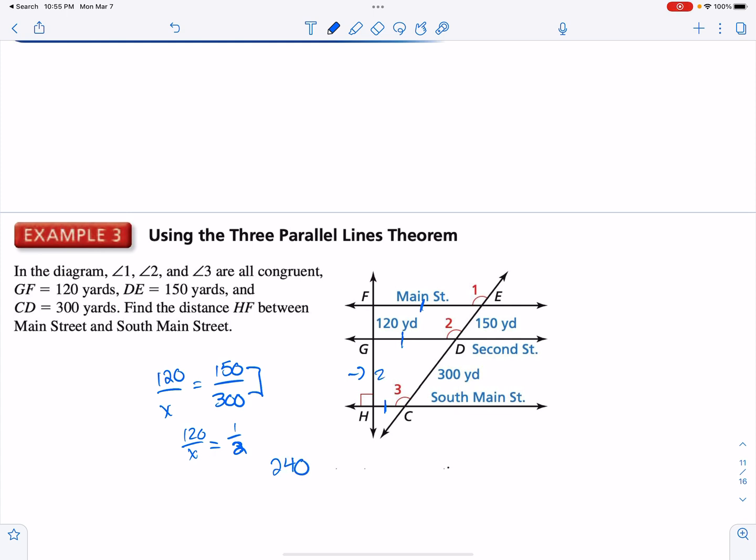Now 240 is just this length right here. They asked for from H clear to F. So when we add those up, we get 360 yards. Again, make sure we read the directions carefully because that helps us answer that question correctly.